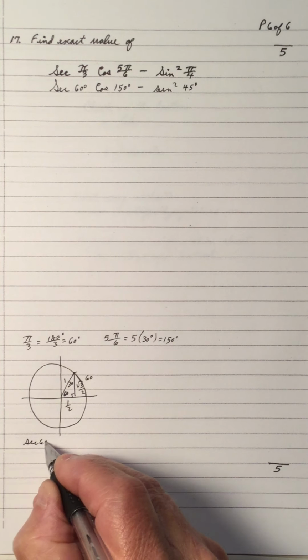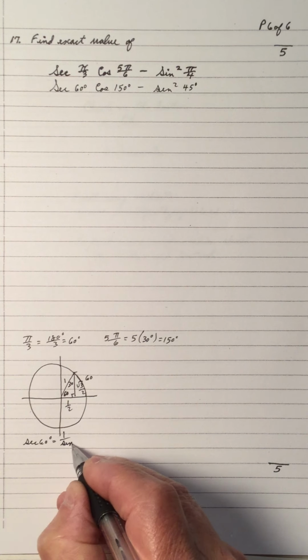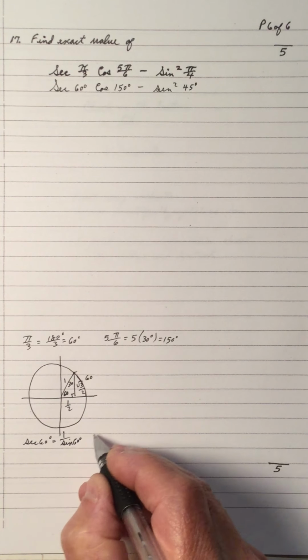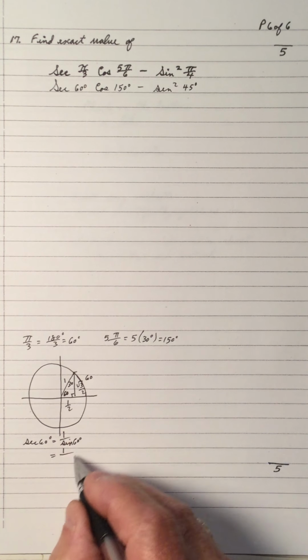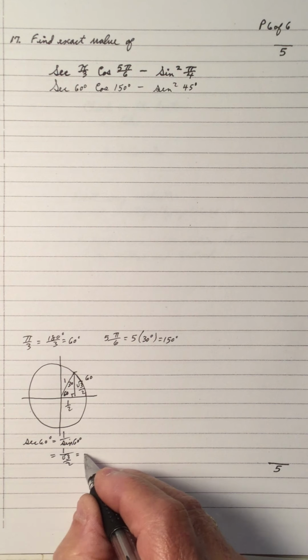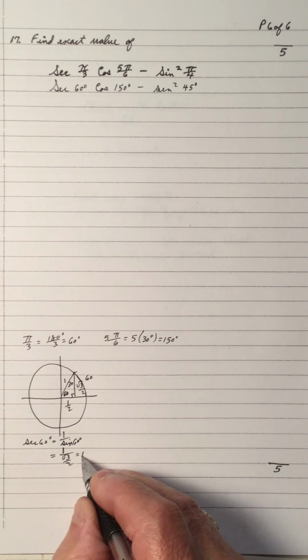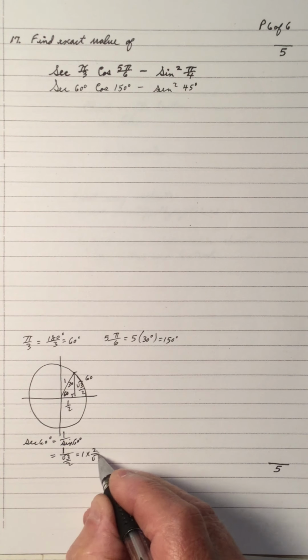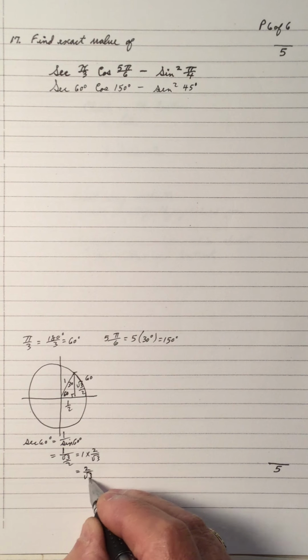And secant of 60 is 1 over the sine of 60. So that's 1, the sine of 60 is root 3 over 2. So that becomes 1 divided by root 3 over 2, is 1 times 2 over root 3, which is 2 over root 3.